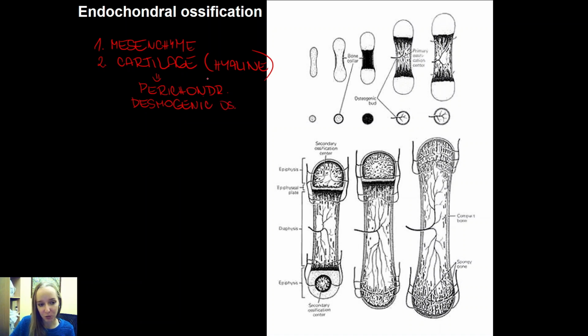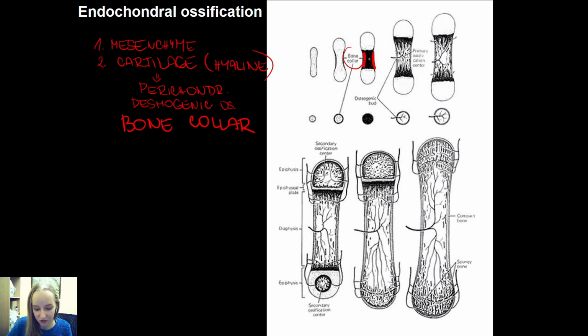So we really form a bone collar in the perichondrium of this cartilage. This bone collar is created around the diaphysis.